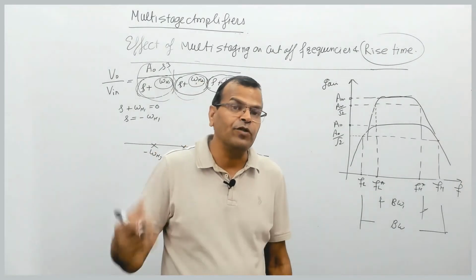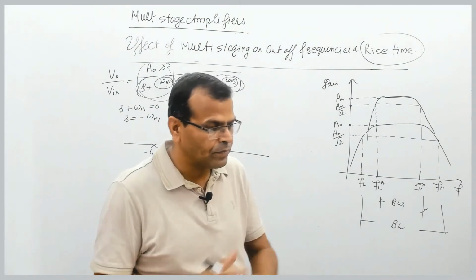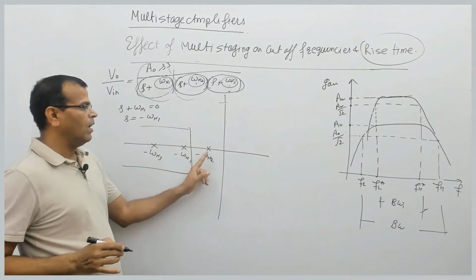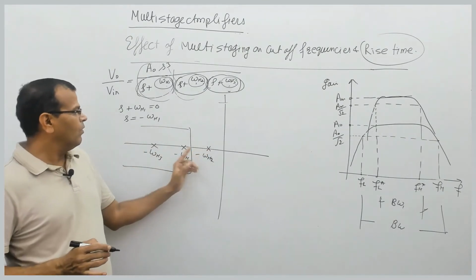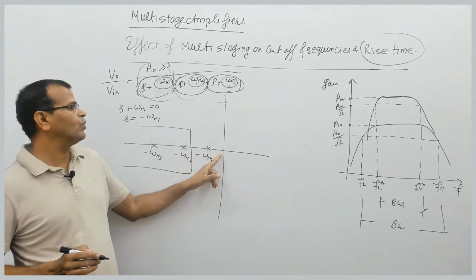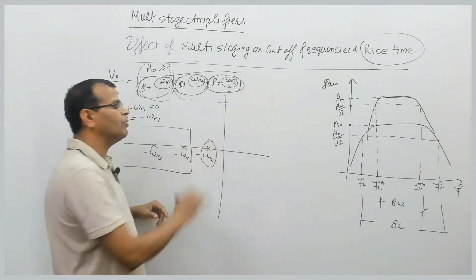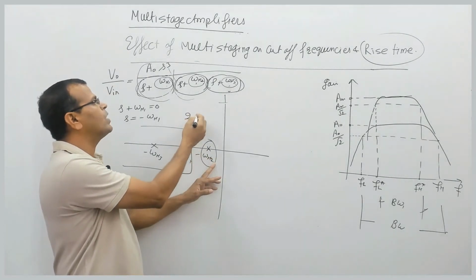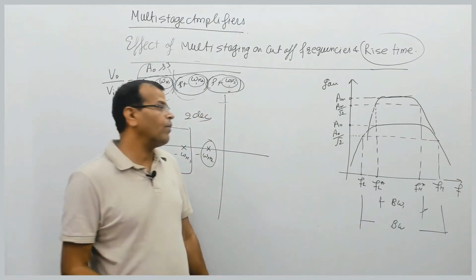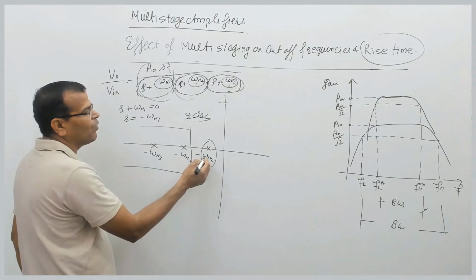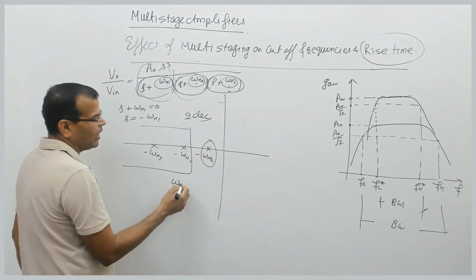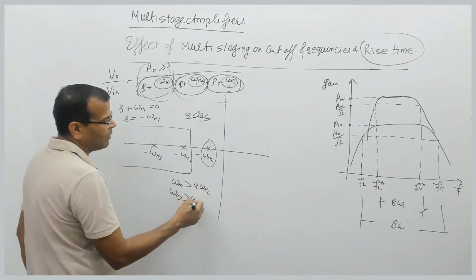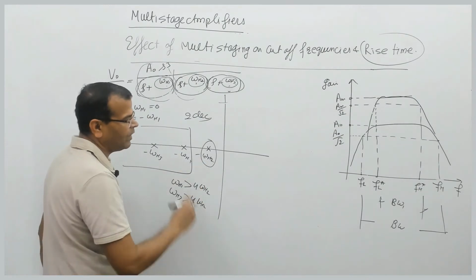But there is the concept of dominant pole. What is that dominant pole? The pole nearest to the j omega axis. If all the other poles are away from the nearest pole to the j omega axis, say 2 decades away, or you can say if these poles are more than 4 times the nearest one, omega H2 is more than 4 times omega H1, and omega H3 is more than 4 times omega H1.